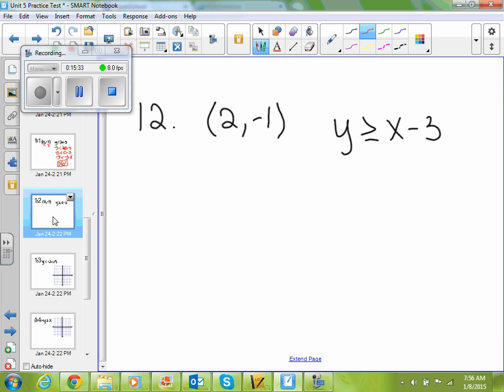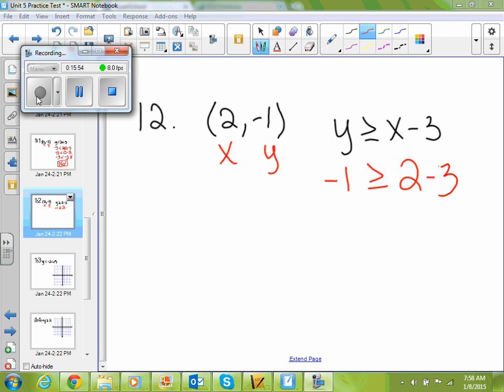If I look at number 12, I'm given the ordered pair (2, -1) and the inequality y ≥ x - 3. So if I let x be 2 and y be -1, and I plug those in, I get -1 ≥ 2 - 3.